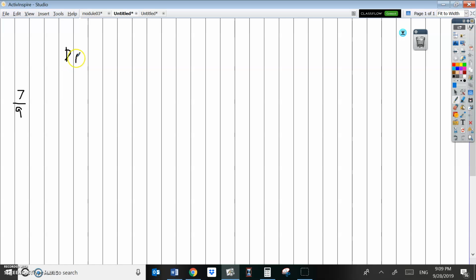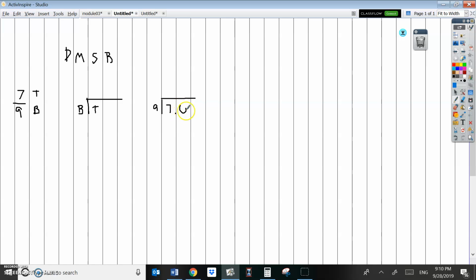Divide, multiply, subtract, bring down. Divide the top by the bottom. Top here, bottom here. 7 divided by 9.